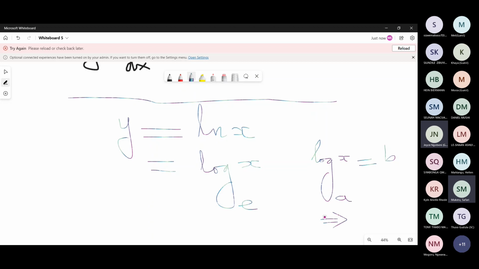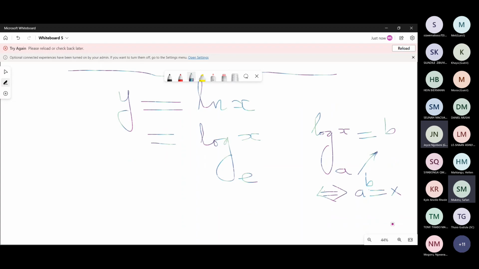In which case do we write log x in base a equals b? Simply, you write a to the power of b is equal to x. That is the meaning.